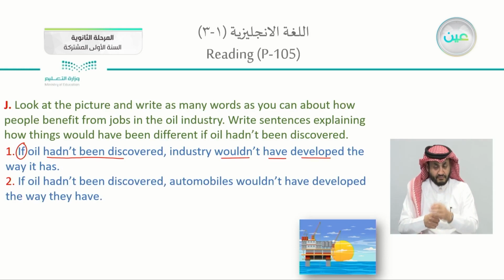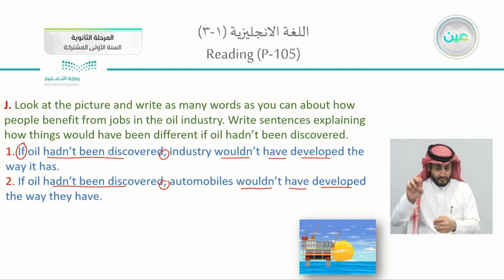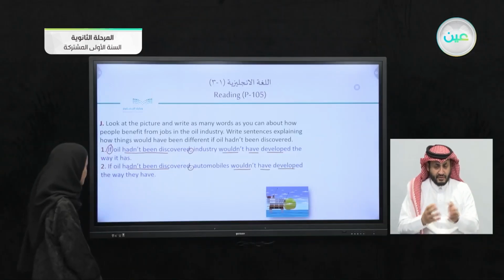Another sentence. If oil hadn't been discovered, automobiles wouldn't have developed the way they have. So we started with the past perfect, followed by would have done. Notice the comma that separates the two clauses.